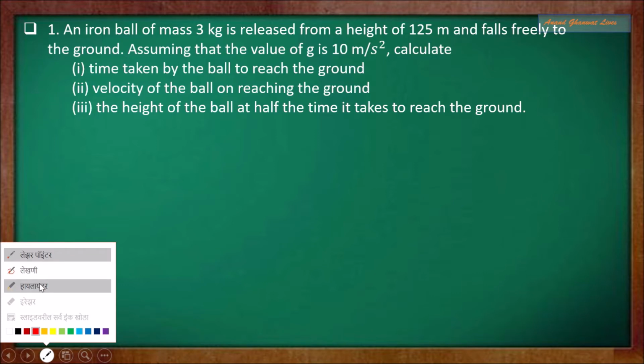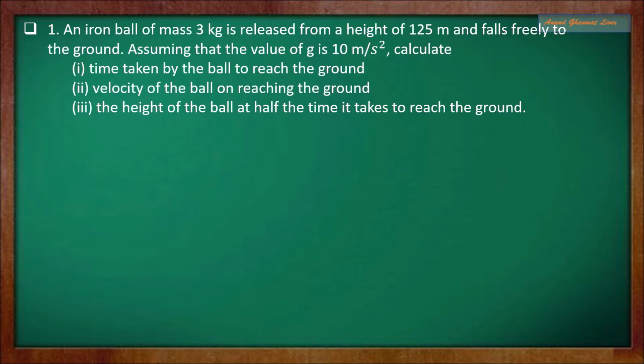First we have to write the things which are given here. So write down given things. So given is that the mass of the ball m is equal to 3 kg. Next to that we have given the information that the ball is released, so initial velocity u is equal to 0 meter per second.